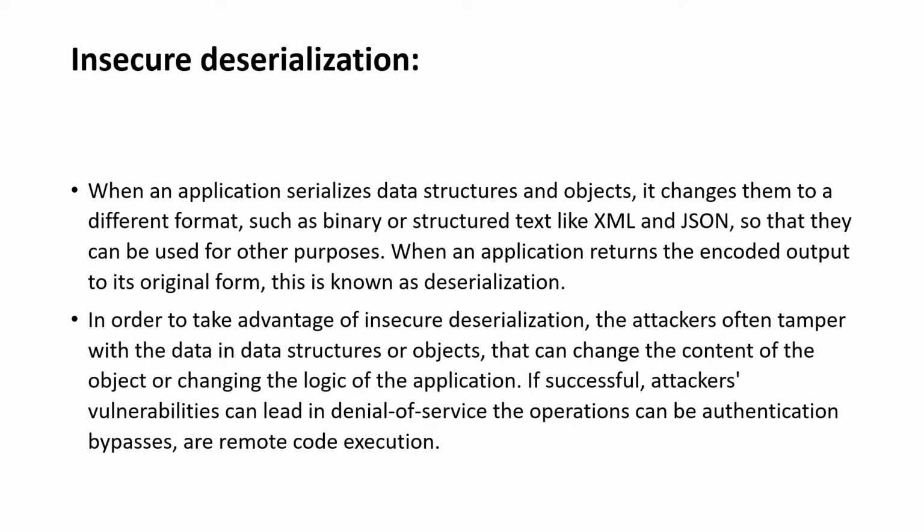Insecure deserialization. When an application serializes data structures and objects, it changes them to a different format such as binary or structured text like XML and JSON so that they can be used for other purposes.